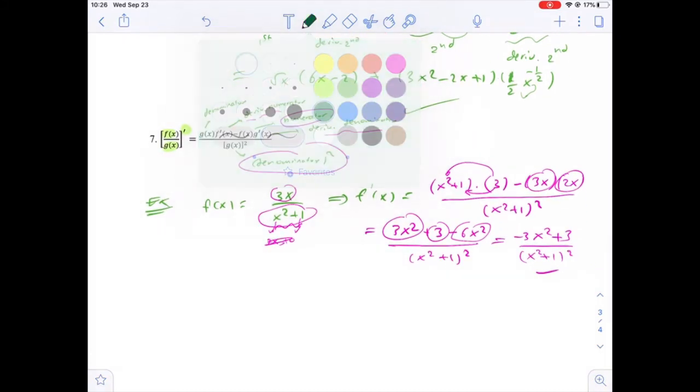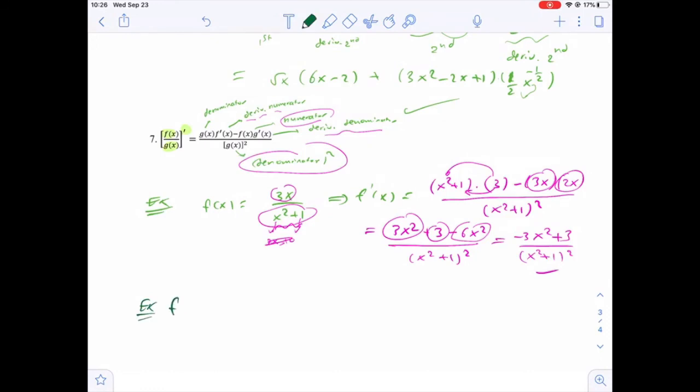Let's take another example. If f of x equals 4x squared minus 1 over square root x plus 2x.